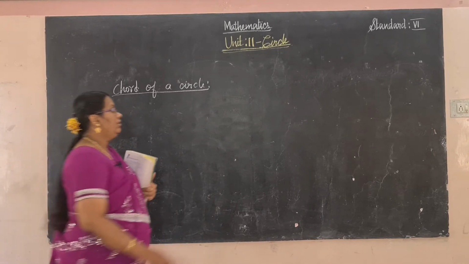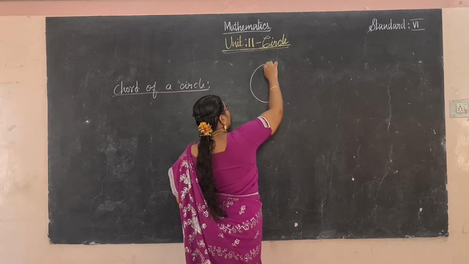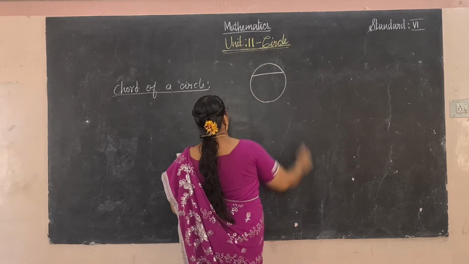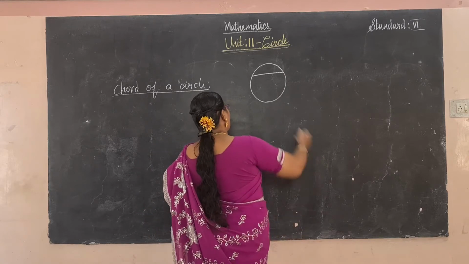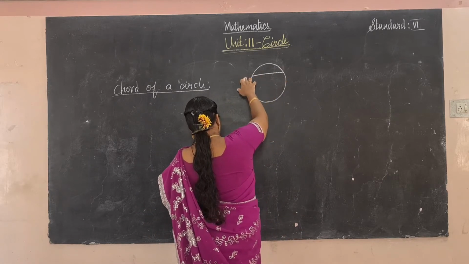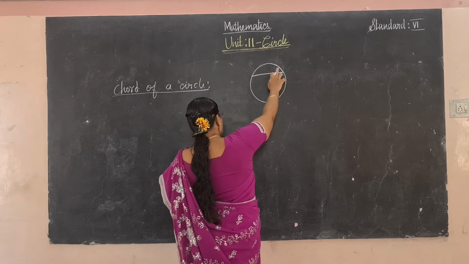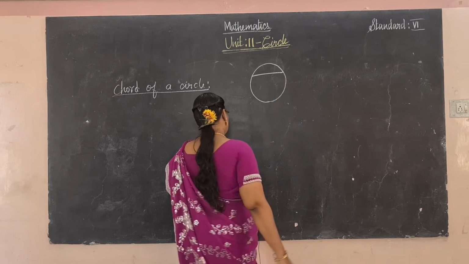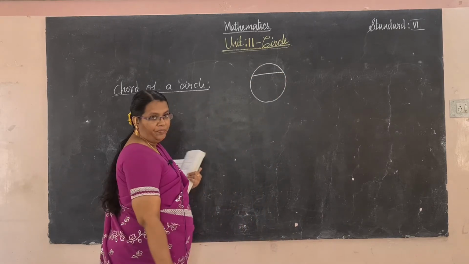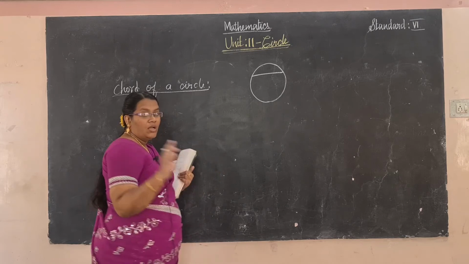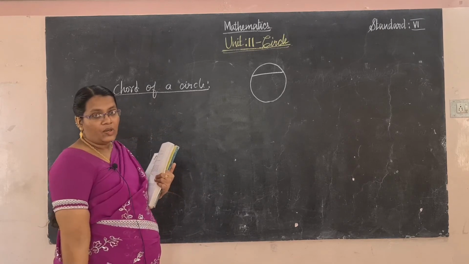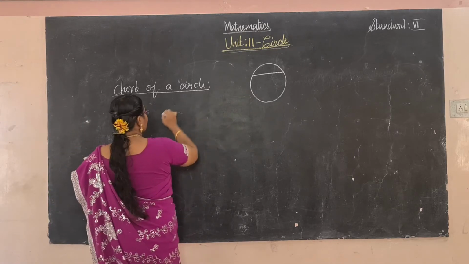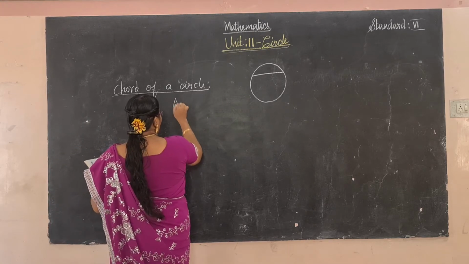Listen, a line segment whose two end points lie on the boundary of the circle is called the chord of the circle. That chord does not pass through the center.